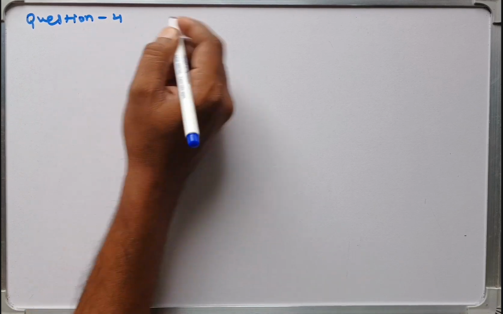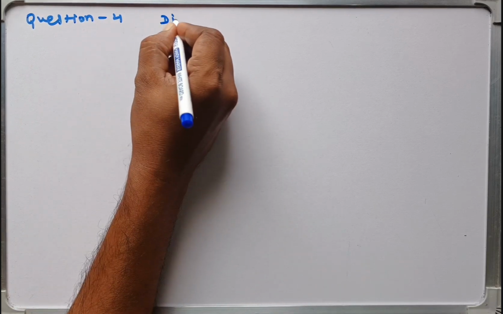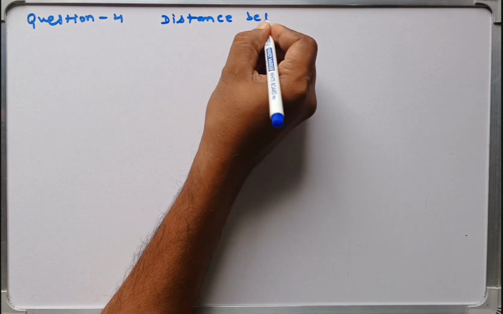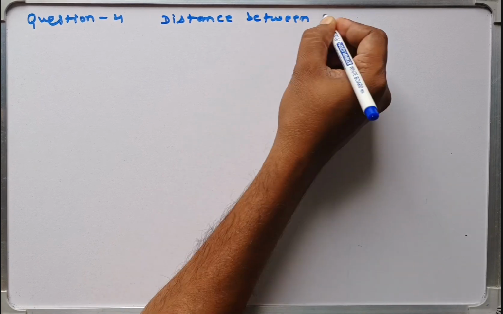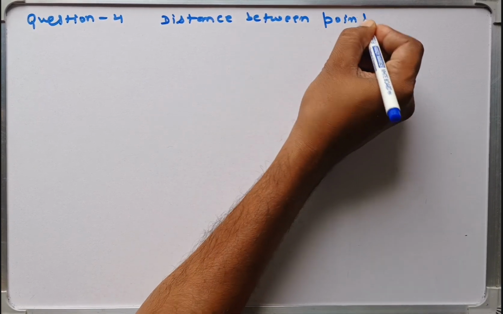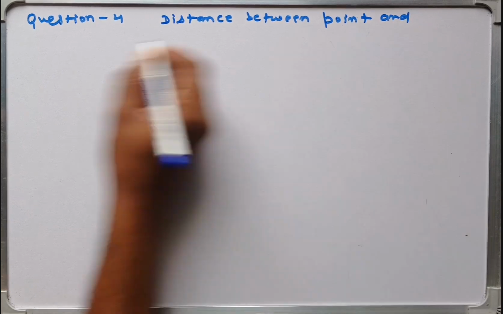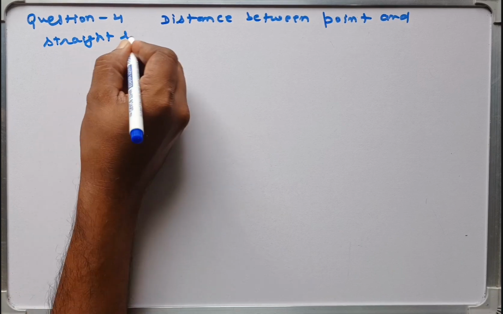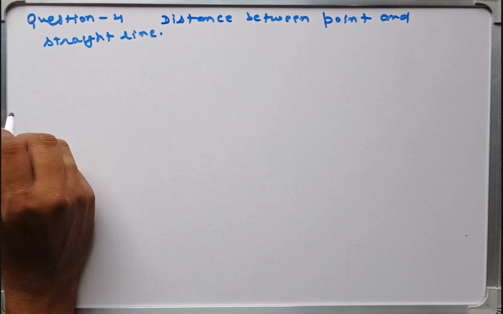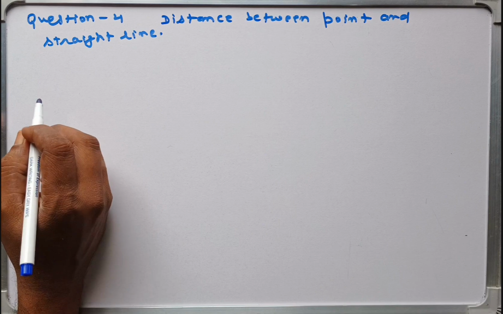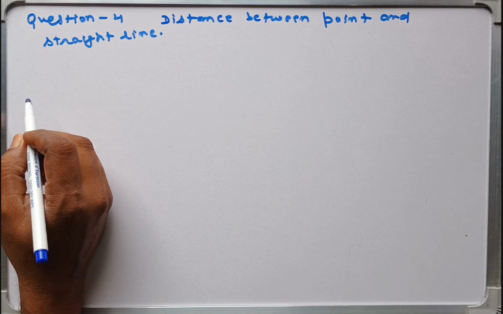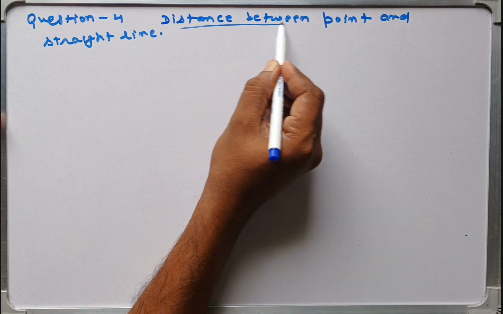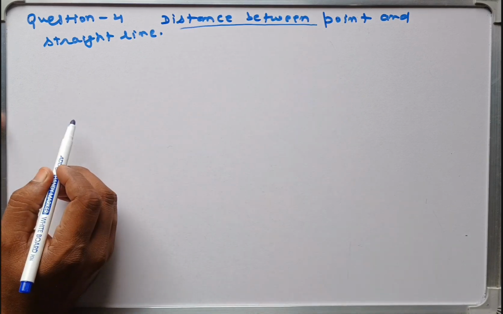In this section we will find the distance between a point and a straight line.